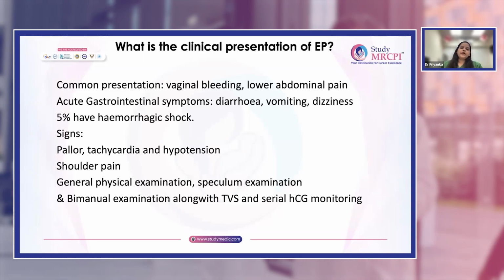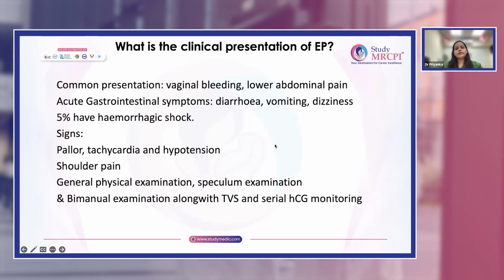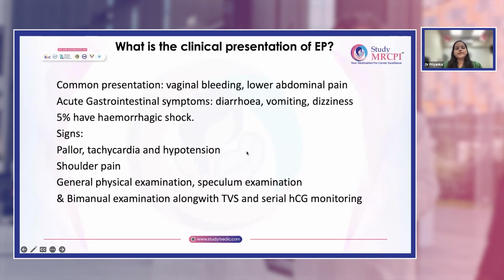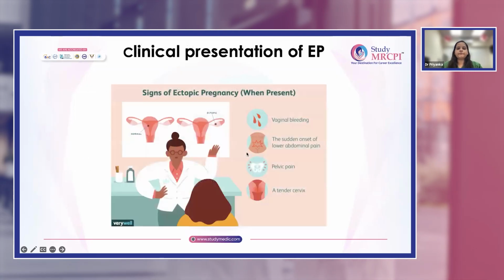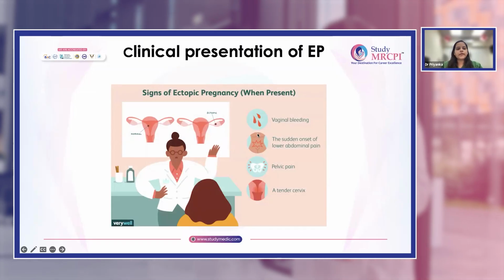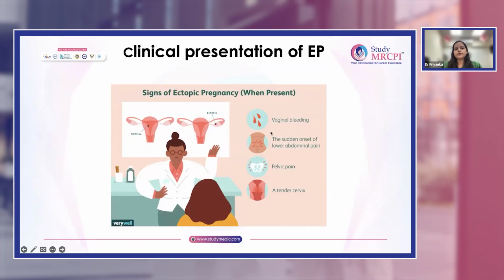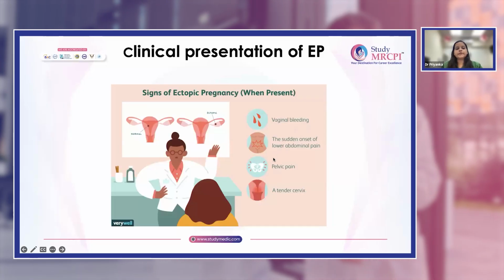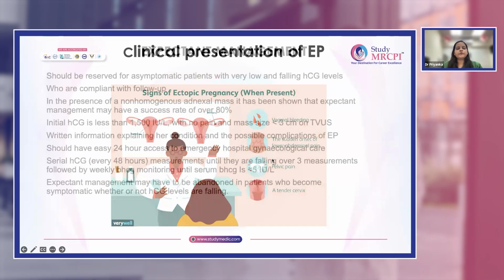In investigations, we do a transvaginal scan and serial serum beta HCG levels. This is the image representation of the clinical presentation of ectopic pregnancy: pelvic pain, vaginal bleeding, and a tender cervix.